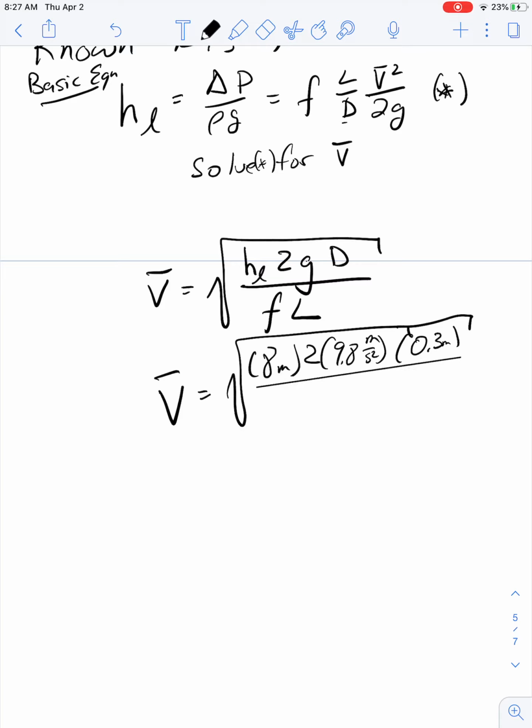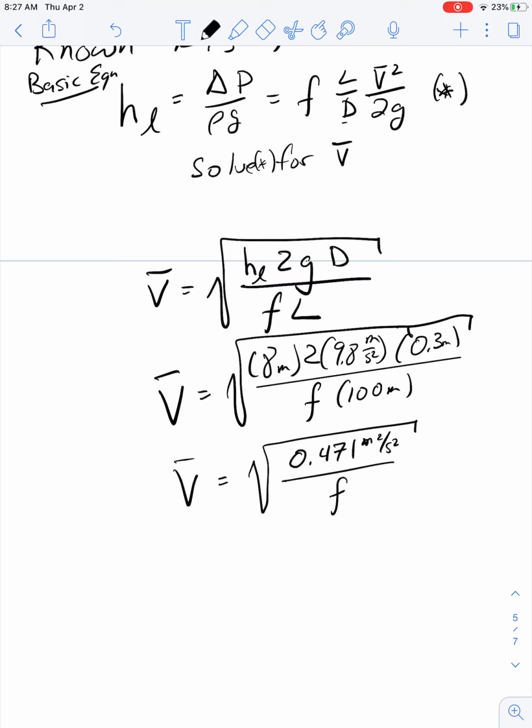Then we have our friction factor, which we don't know, but we do know the length of the pipe, 100 meters. Our equation to iterate on: if you plug it in, when I did this, I got 0.0471 meters squared per second squared divided by F.